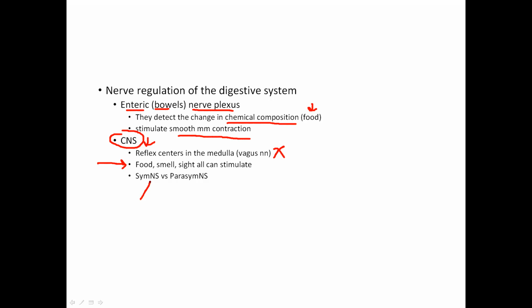Okay, this statement here, the sympathetic versus the parasympathetic. Write this down: the sympathetics do not digest food well. Sympathetics do not allow for proper digestion. That's why the sympathetic system is known as fight or flight.